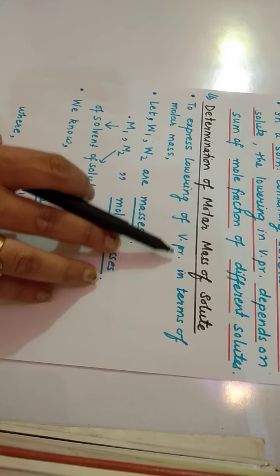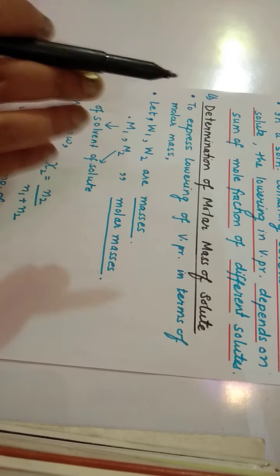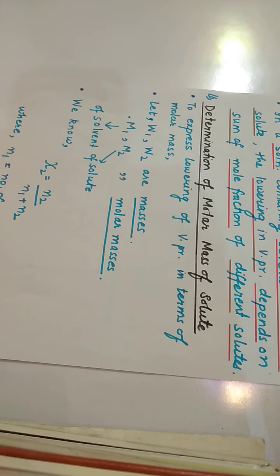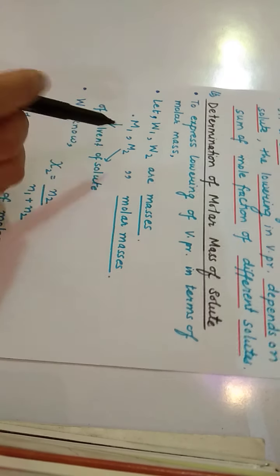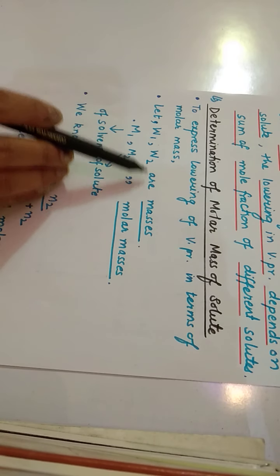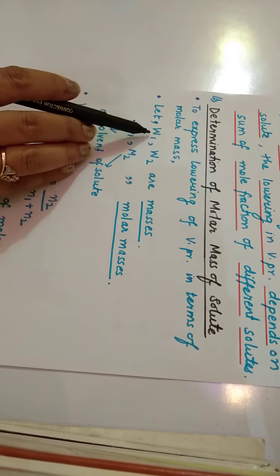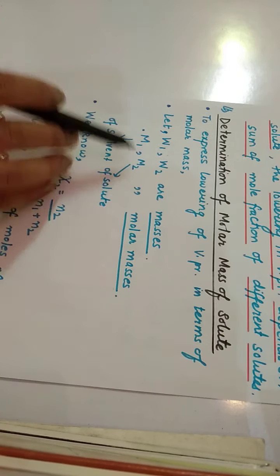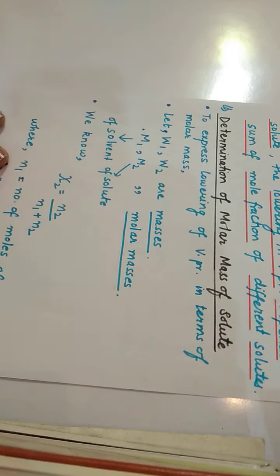If I want to express relative lowering in vapor pressure on the basis of molar mass, how will I do it? So let W1 and W2 be the masses, and M1, M2 the molar masses.